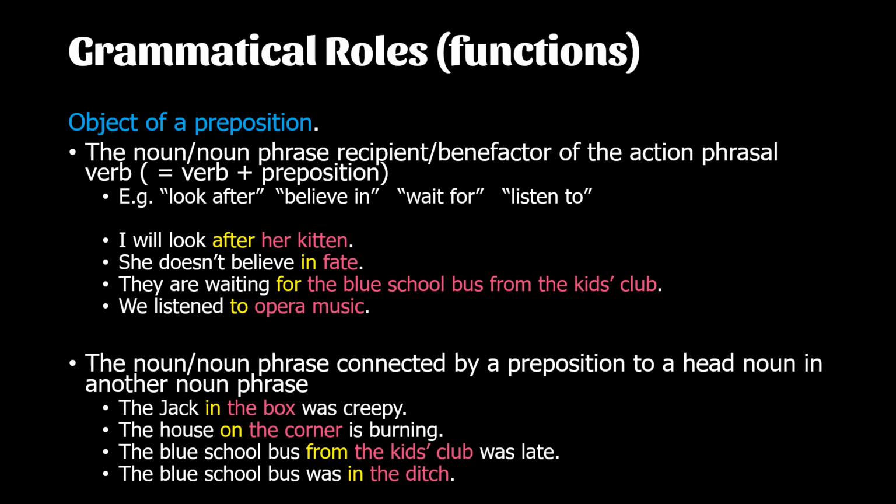Another kind of object that nouns or noun phrases can be are objects of prepositions. A couple slides back, I gave you a link to an extensive list of prepositions. Prepositions are these little words that come after verbs or between nouns and other nouns.